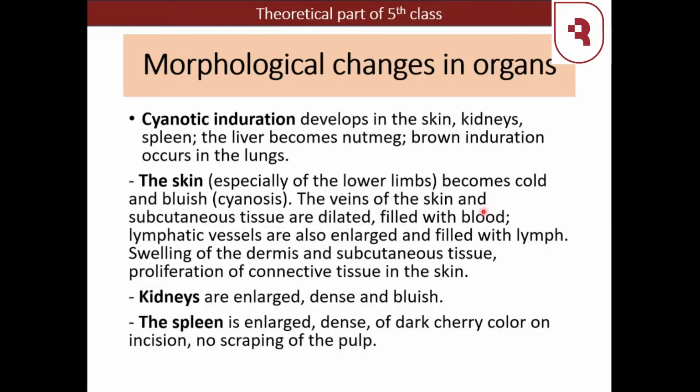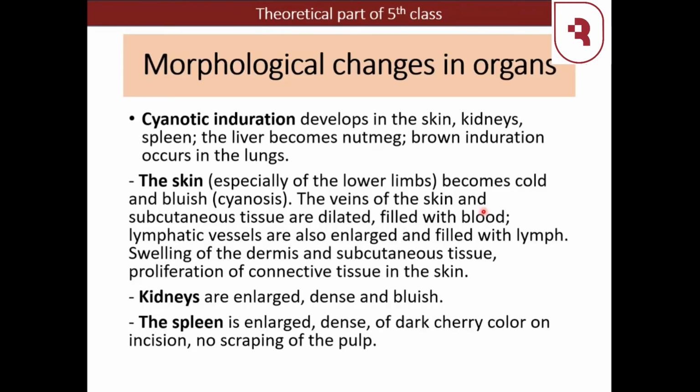Morphological changes in the organs will differ. We will see cyanotic induration in the skin, kidneys, and spleen. The organs become blue or cyanotic in color, they become solid, and we may see an increase in their size. The liver becomes nutmeg, and brown induration of the lungs develops. The skin becomes cold and bluish, or cyanotic.